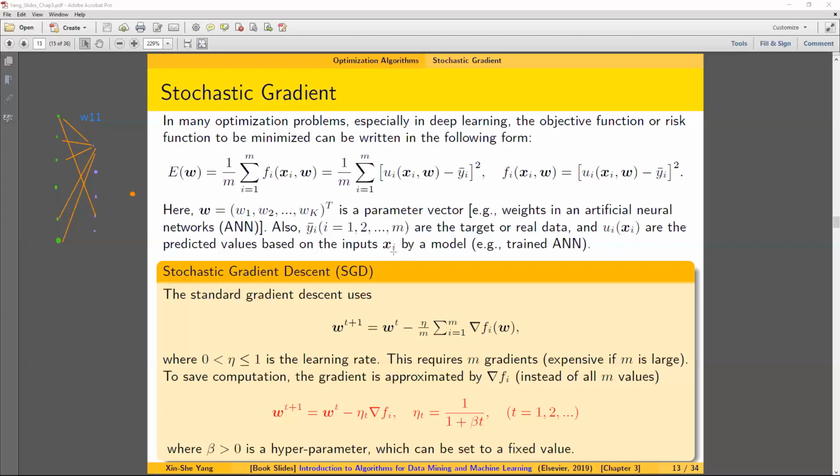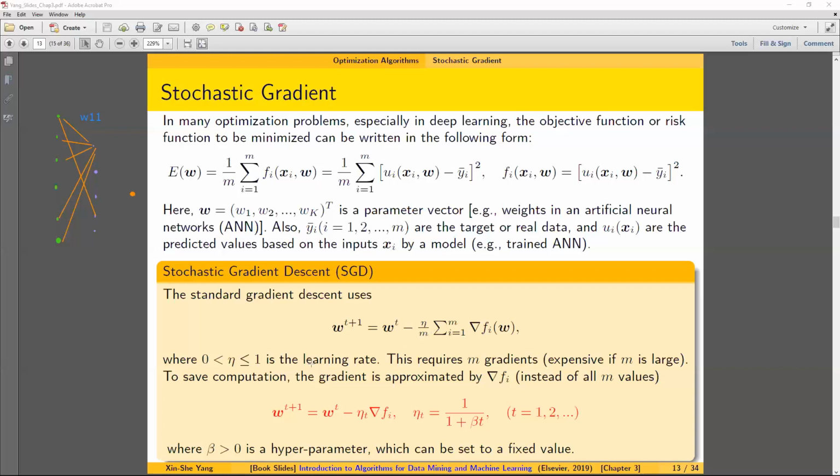Then in this framework, what you can do is use the current weight to update to get a new weight. The new weight is dependent upon some sort of gradient and the step size.